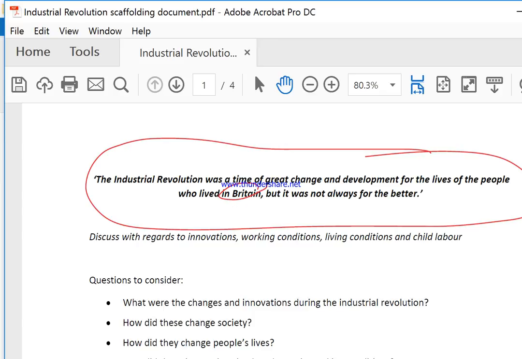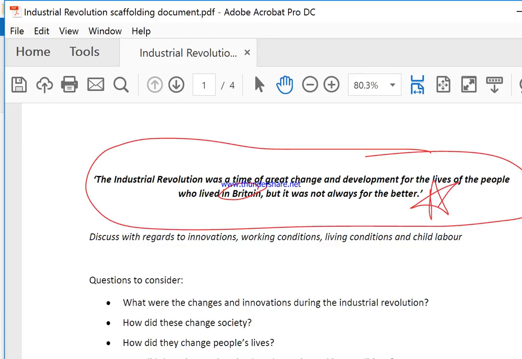So, therefore, the Industrial Revolution was a time that lives of people changed considerably, and many of these changes had a positive impact on society, but there were also negative impacts, or something like that. That pretty much rewrites the topic. So feel free to use a sentence like that at the end of your introduction.